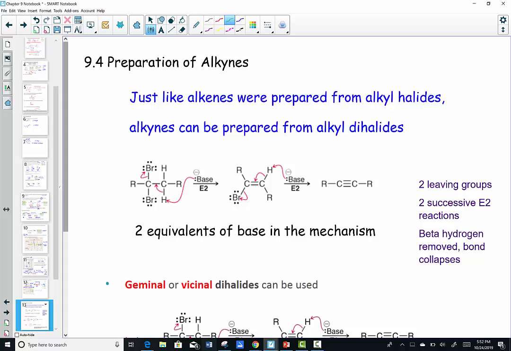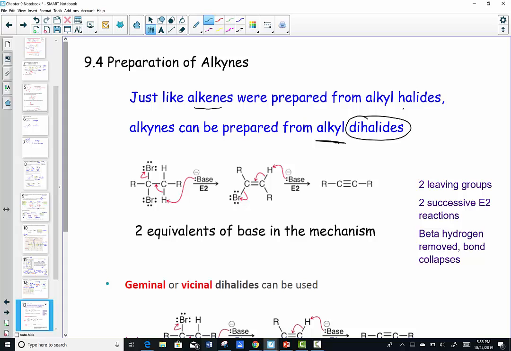In our next section, let's talk about preparation of an alkyne. And luckily, there's a lot of overlap from the alkenes that we were just practicing in chapters 7 and 8. Just like the alkenes, how they were prepared from alkyl halides through an elimination reaction of a beta hydrogen, alkynes are prepared in exactly the same way, except we need 2 halogens on that carbon chain.